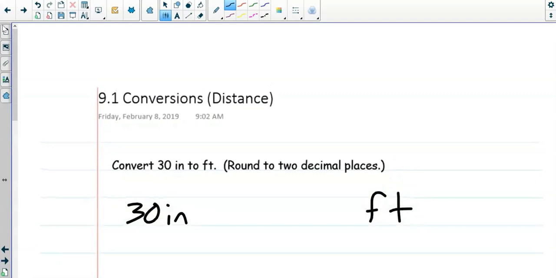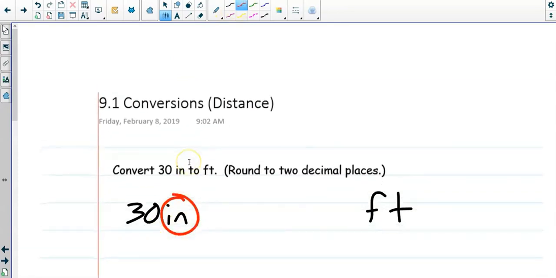So when I was talking earlier about the unit fraction, this is the given unit. This is the unit we want, the desired unit. When we talked about that fraction, I told you that this is multiplication of the unit fraction. The unit we want to get rid of goes in the denominator.